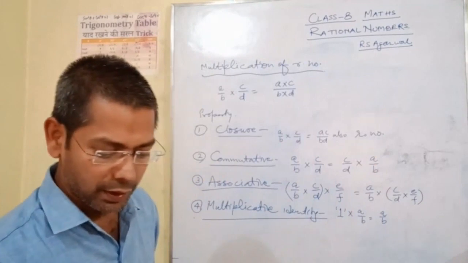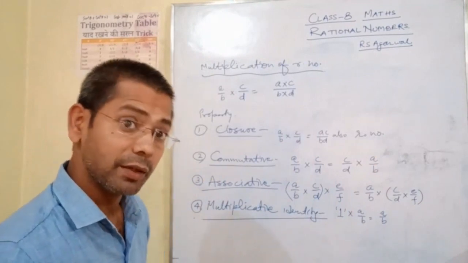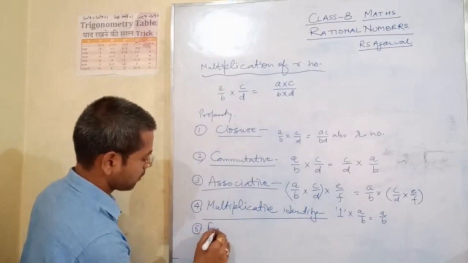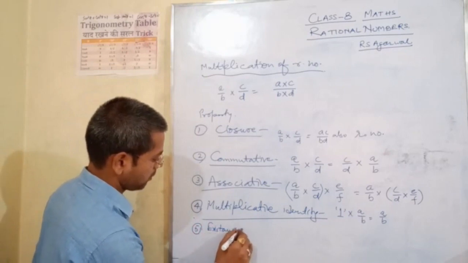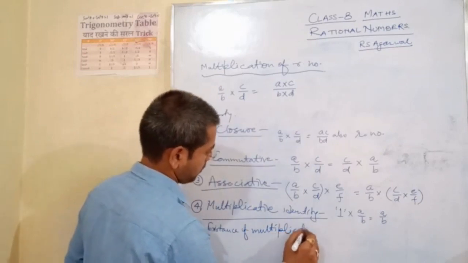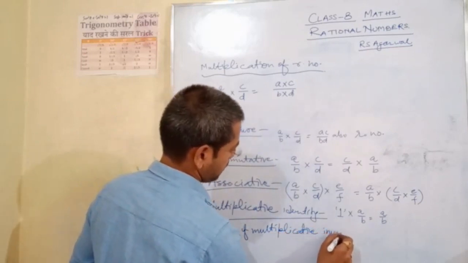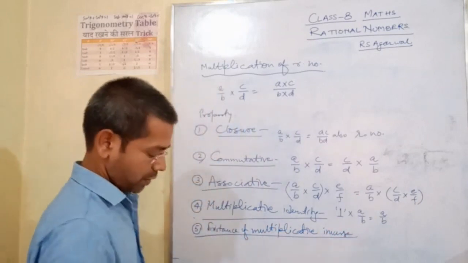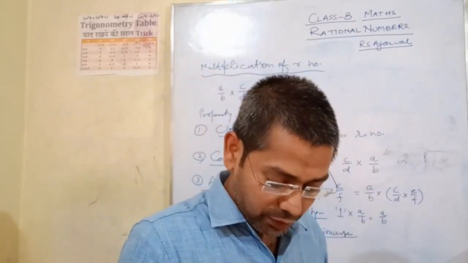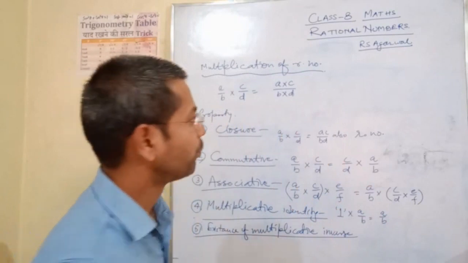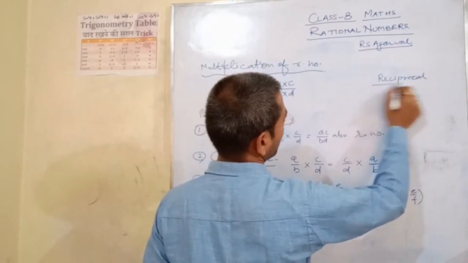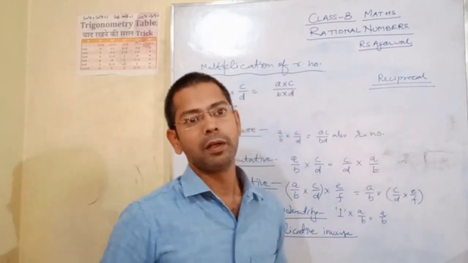Now comes the existence of multiplicative inverse. We will first discuss the reciprocal. What is a reciprocal? You have studied the reciprocal of a number in class 7.